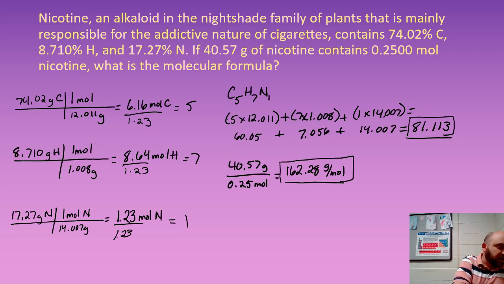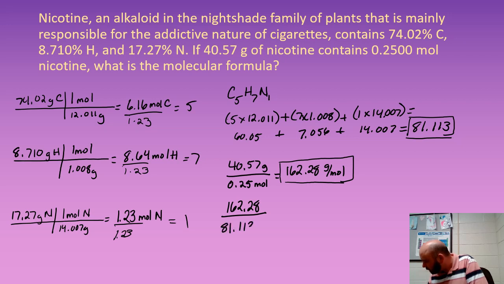When you do that in your calculator, you should see that this result is pretty much 2. So what that means is everything in our molecular formula has been reduced by 2 to get to the empirical formula.